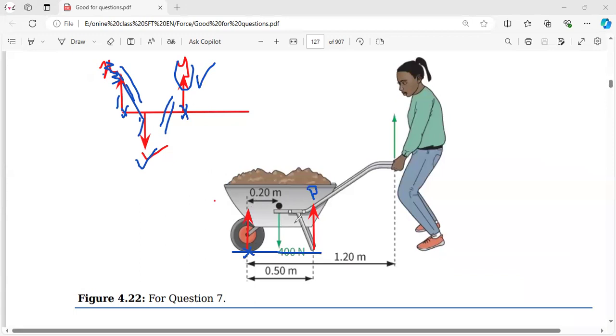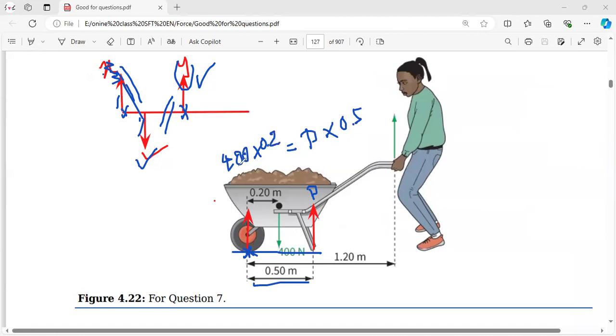Okay. Now only two forces, right? P around this one, P multiplied by distance is 0.5. Am I correct? This is the 0.5, and 400 is in the opposite direction. 400 multiplied by, from here to here, it is 0.2. 400 multiplied by 0.2.